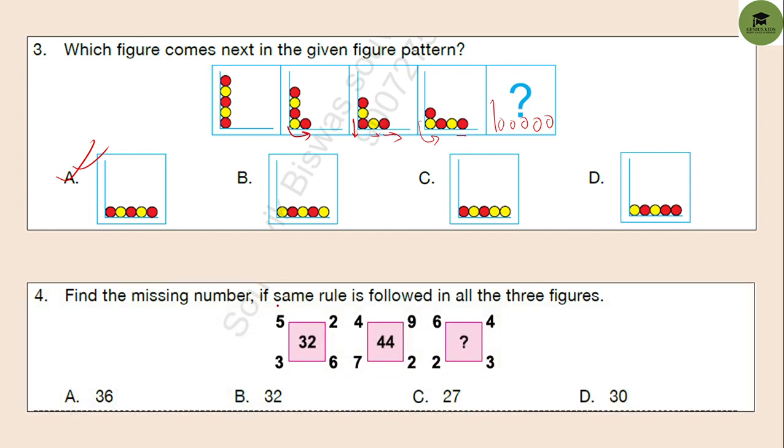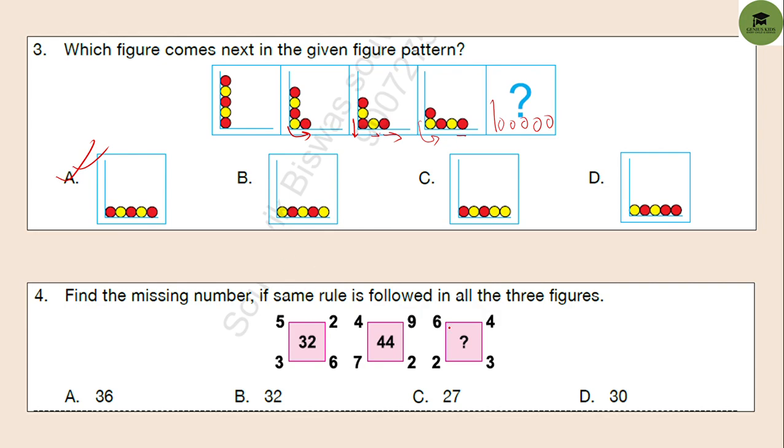Find the missing number if the same rule is followed in all three figures. The first figure is 5236, with 32 inside. The second is 4449 72, and we need to find out which one is the question mark.